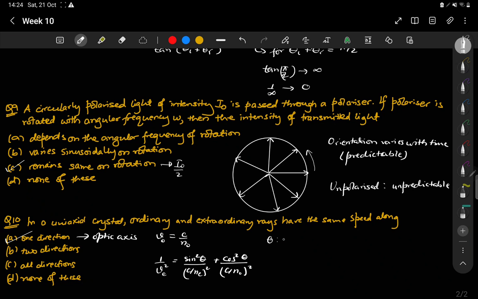Where theta is the angle between the E ray and the optic axis.